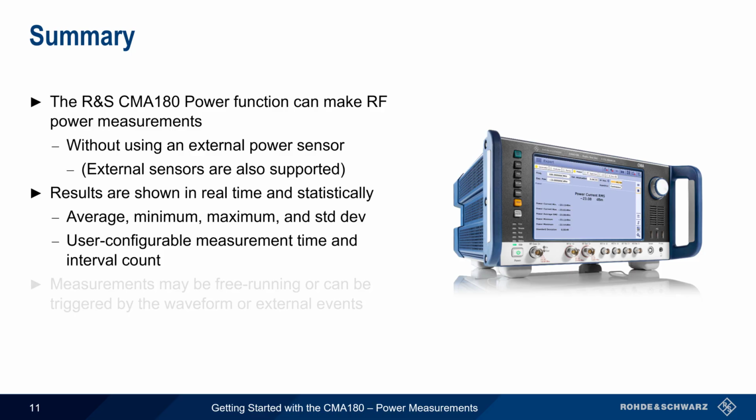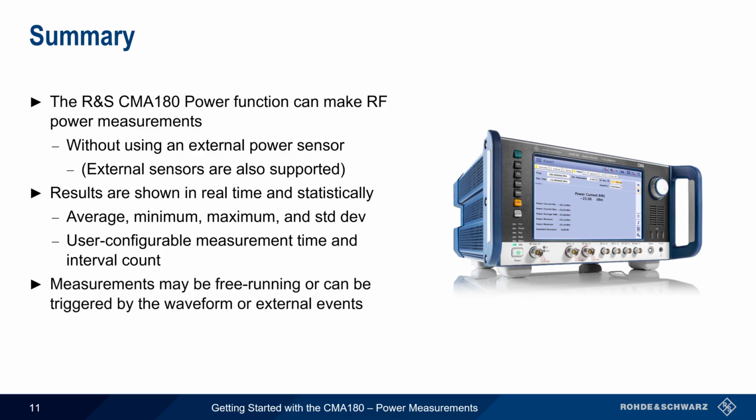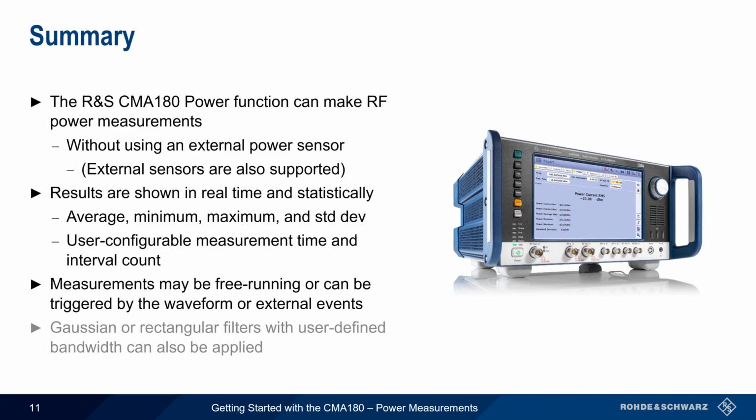Although power measurements are often made continuously or in free-run mode, these measurements can also be enabled or triggered by waveform parameters or external events. And finally, note that the measurement filter type, Gaussian or bandpass, and filter parameters can be adjusted for improved measurement accuracy. This concludes our presentation, getting started with the CMA180 power measurements.